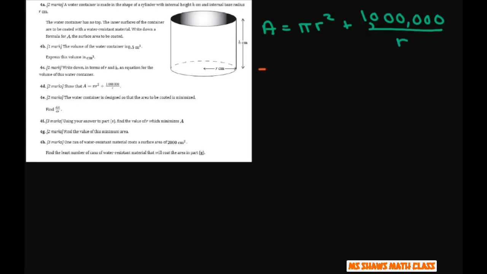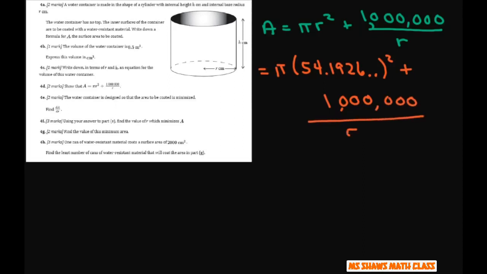The more decimals you can put in, the better. Pi times 54.1926 squared plus 1 million divided by 54.1926. And that's going to give you 27,700 centimeters squared.